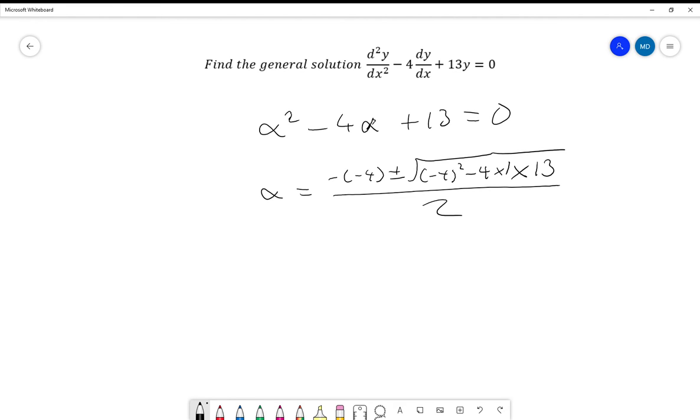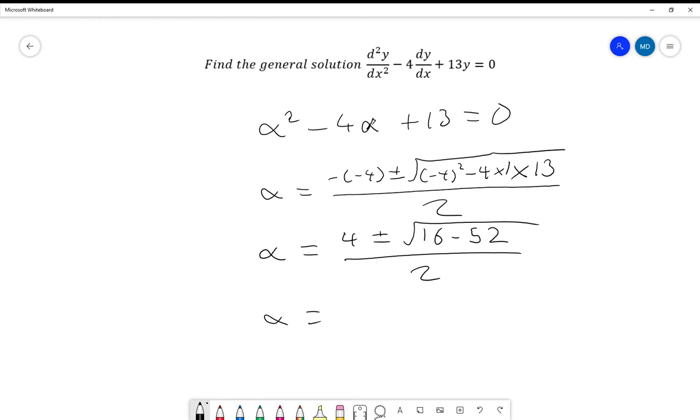And let's start doing some simplification. That gives us alpha is equal to 4 plus or minus the square root of 16 minus 4 times 13, which is 52, all over 2. Which gives us alpha is equal to 4 divided by 2 is 2, plus or minus half of the square root of 16 minus 52.